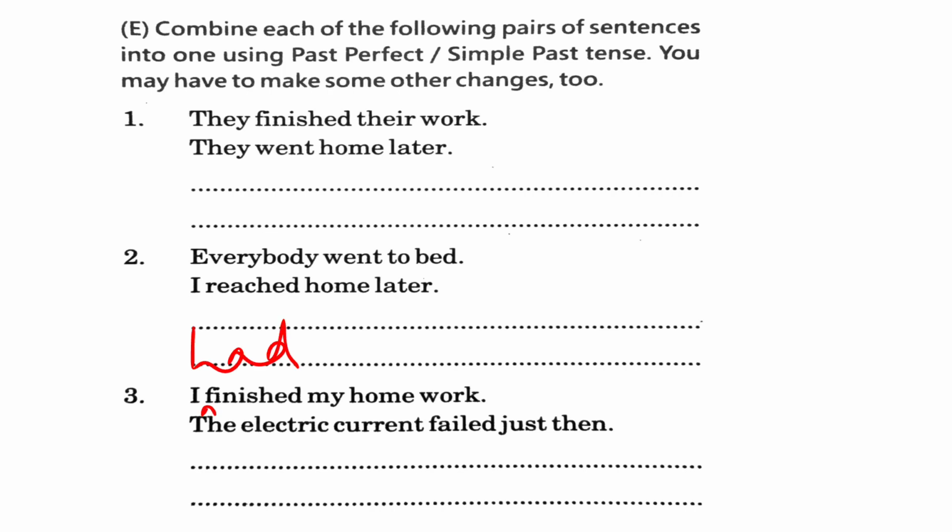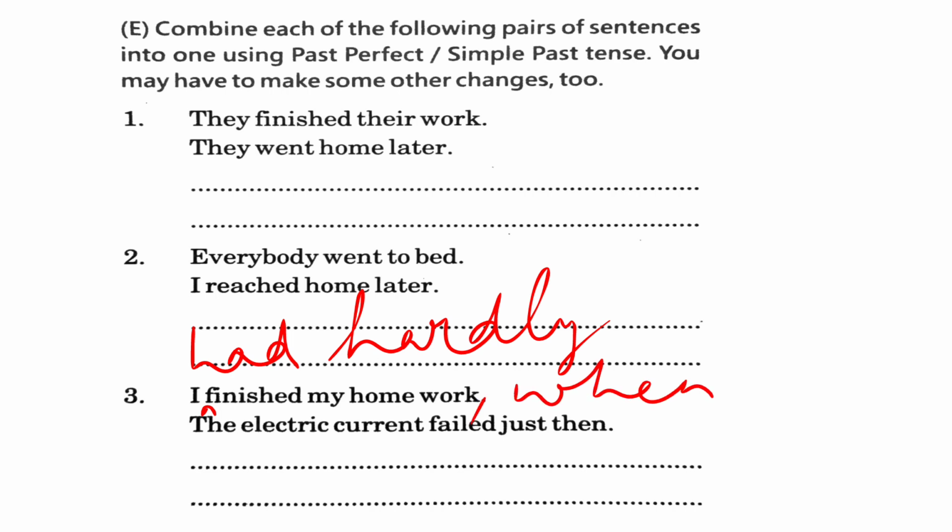I had hardly finished my homework, comma, when the electric current failed. Cancel this. I had hardly finished my homework when the electric current failed. So here your T will become small. I hope you understood. Let's attempt the last question of this assignment.